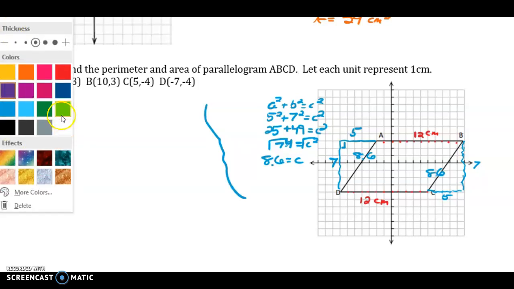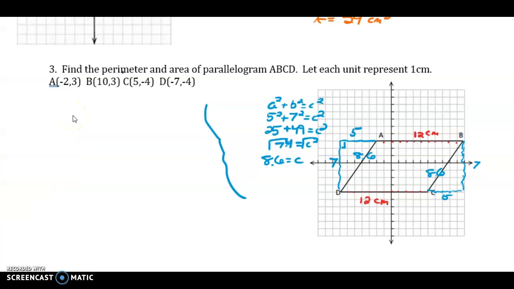So here we go. Do perimeter first. Perimeter is adding up all your sides. So we got an 8.6. I'm just going to go around the top, the right side, and the bottom side. Make sure you got all four. We're going to add them all up.